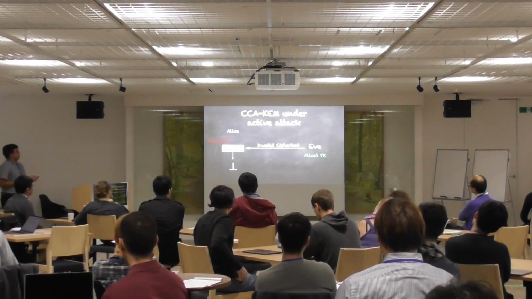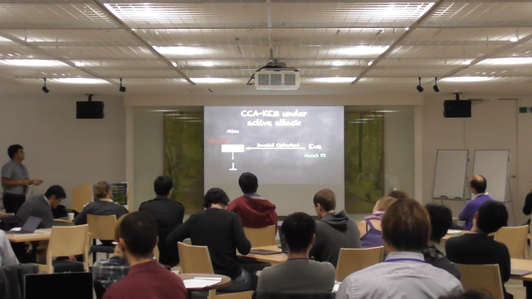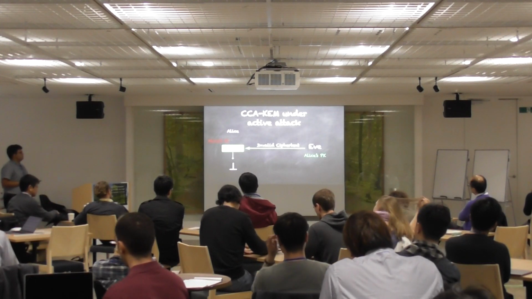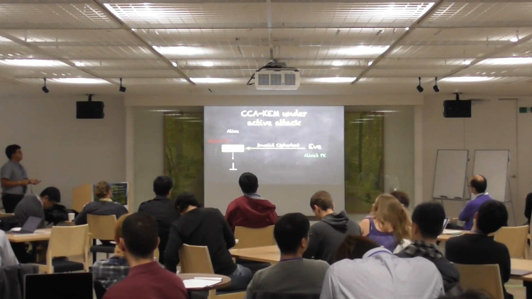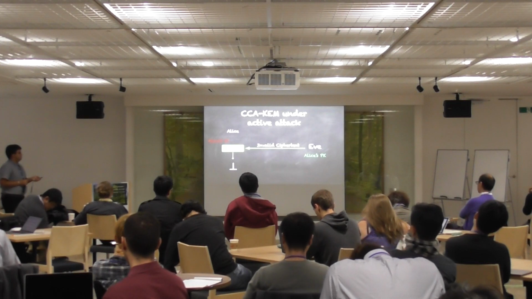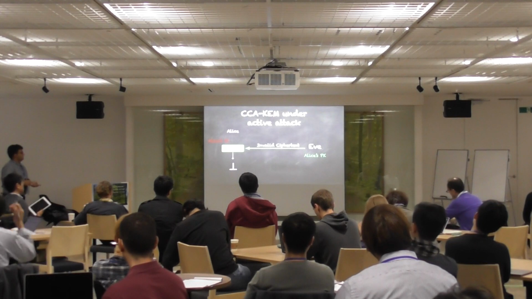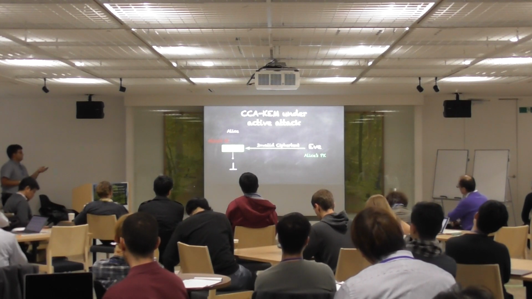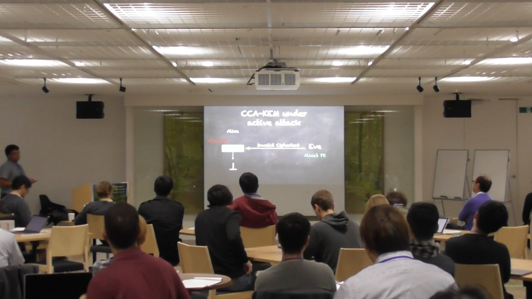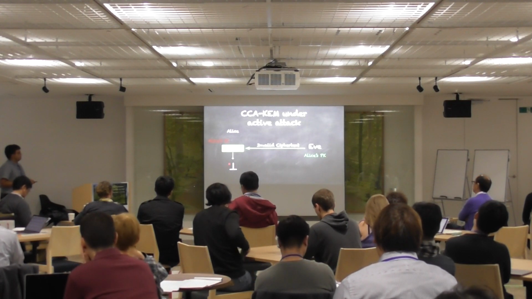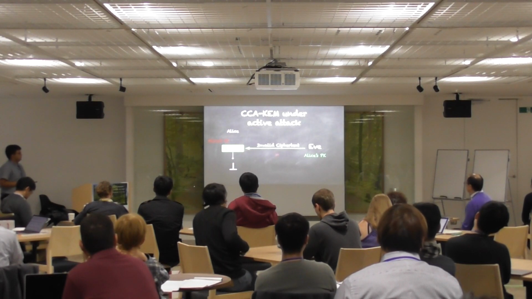The idea that we use is that whenever the adversary tries to obtain the decapsulation of an invalid ciphertext, we always output a special symbol bottom, which flags an error, except with very, very small probability. So with almost probability 1, we give an error whenever there is an invalid ciphertext.